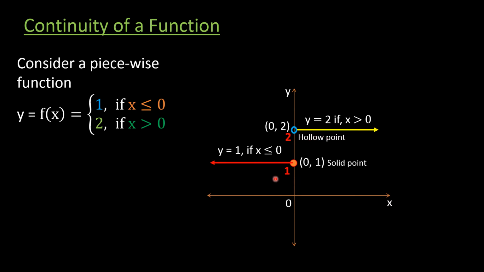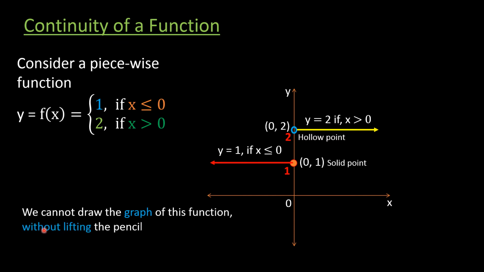This is exactly where continuity of a function comes into picture. We can say that if we cannot draw the graph of a function without lifting the pencil at x equals 0, then this function is not continuous at x equals 0.